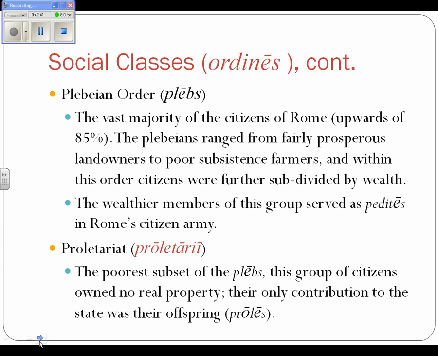Third, they have the most to lose if things go wrong in the community. And if they have the most to lose, they're going to work hardest to make the best decisions. And to recap, those are 3 reasons why the Romans continued to divide people into social classes.